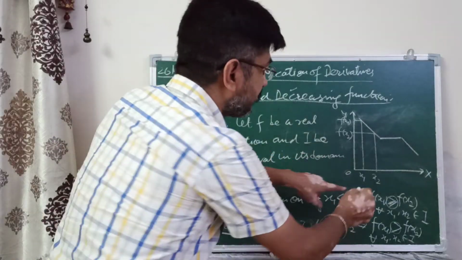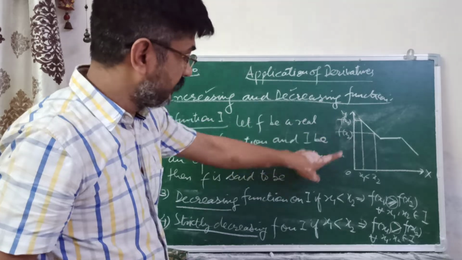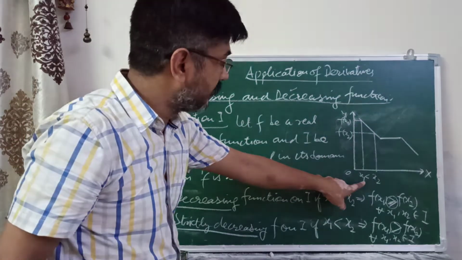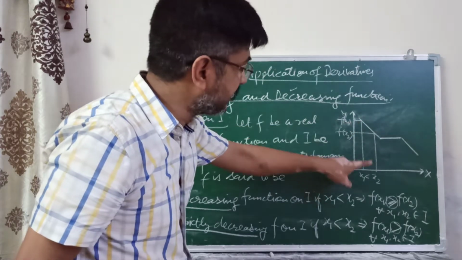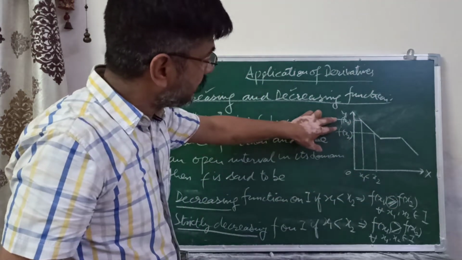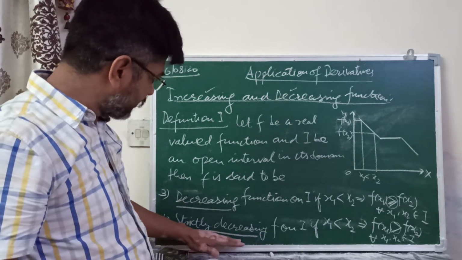You know x1 is less than x2, but fx1 is greater than fx2. x1 is less than x2, but fx1 is greater than fx2. So such a condition is called decreasing, and also strictly decreasing.